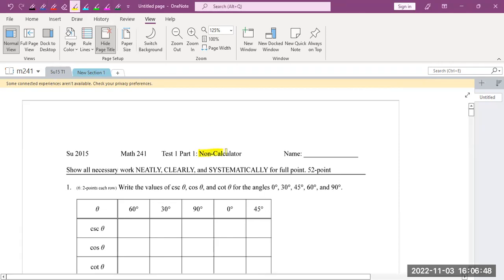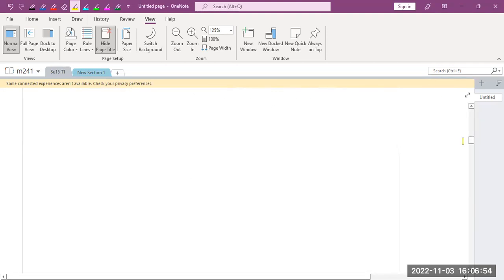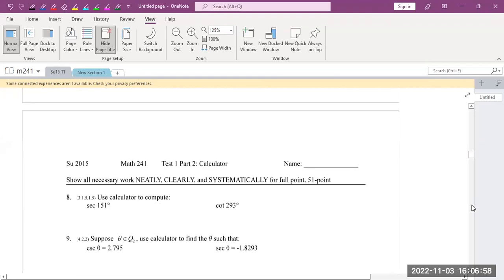Basically you don't use calculator when you answer this part, and then the second part you use calculator. Now, I do not make any restriction on how many hours or how many minutes you need for your calculator part and how many minutes you need for your non-calculator part.